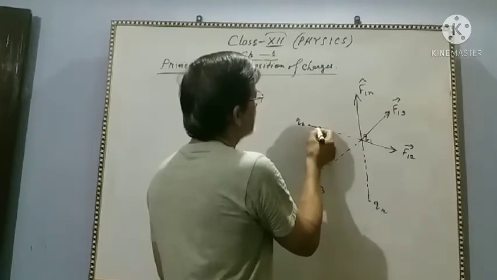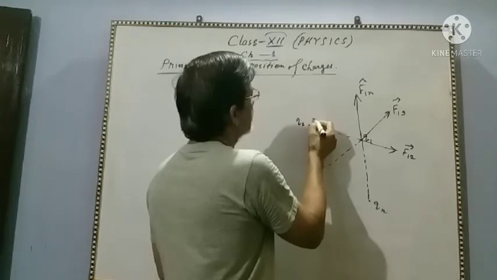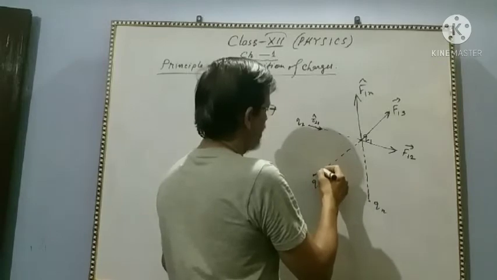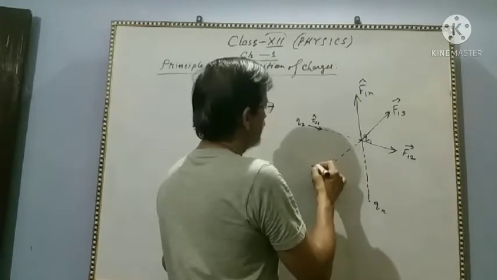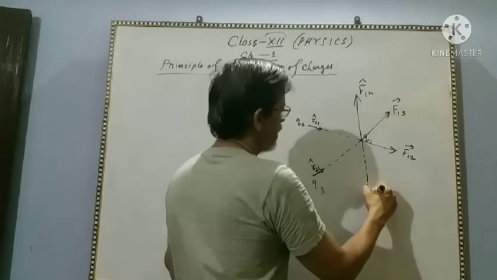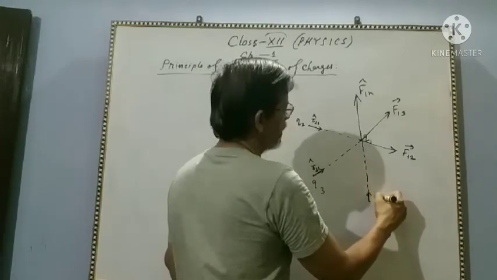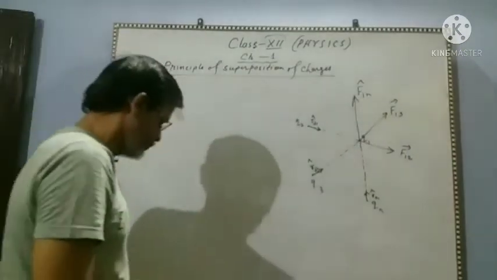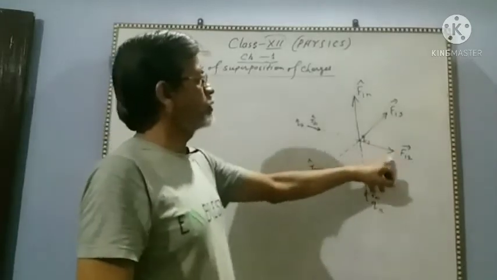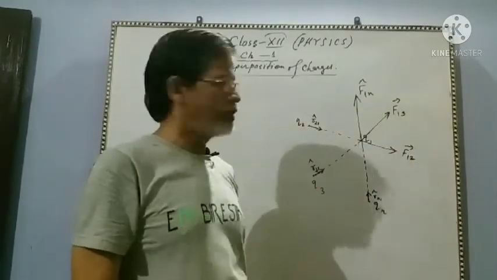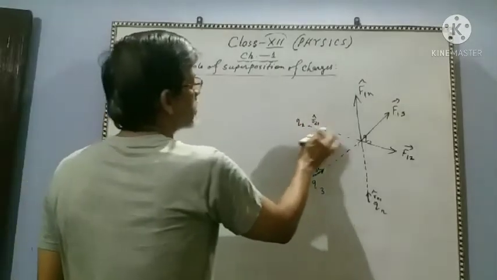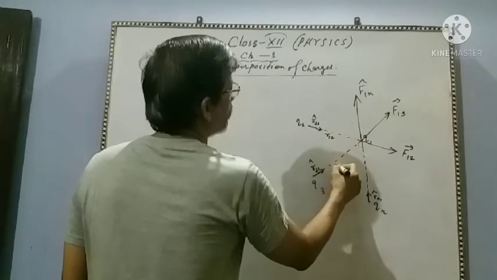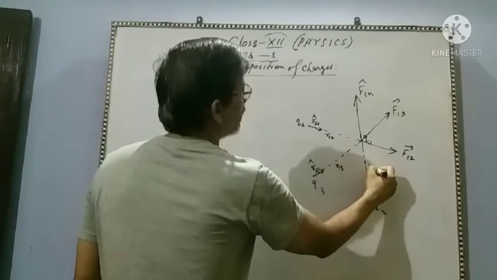There is a unit vector in this direction, R21 cap, R31 cap, Rn1 cap. So we have to find this one force, this one force, this one force. These are, and this distance is say R12, R13, R1n.